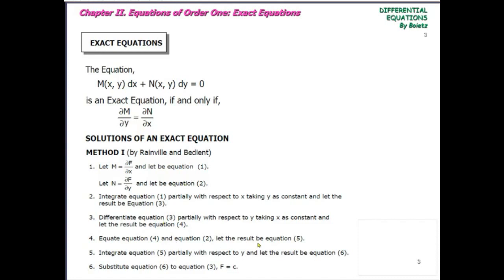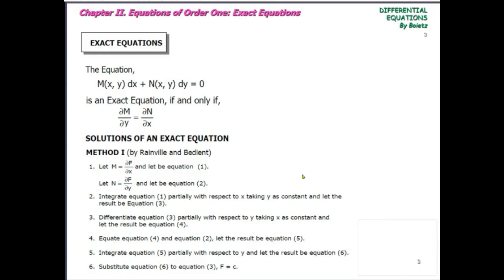Then the result, call that equation 5. Then integrate equation 5 partially again with respect to y and let the result be equation 6. Then substitute equation 6 to equation 3 with f equal to c, and then the result will be the general solution of the differential equation.